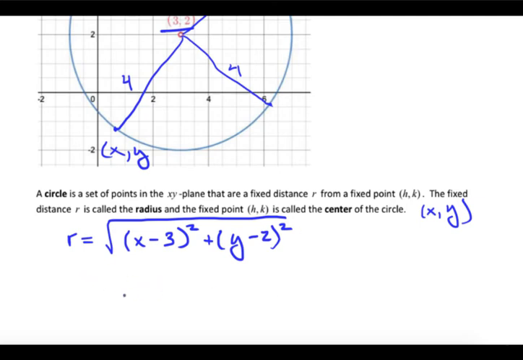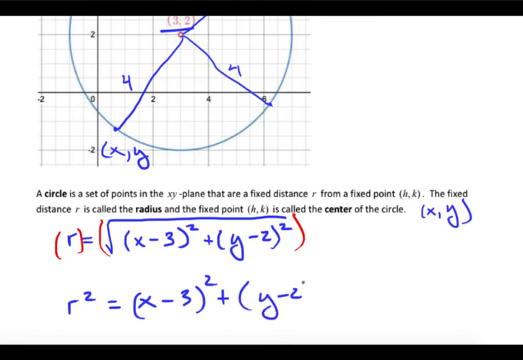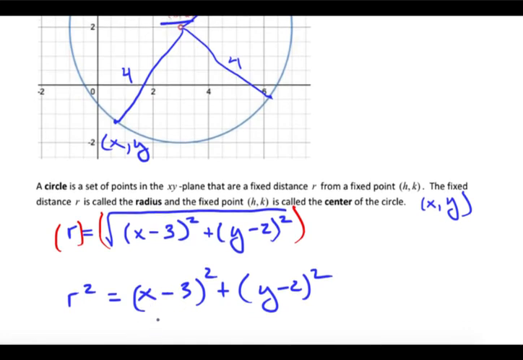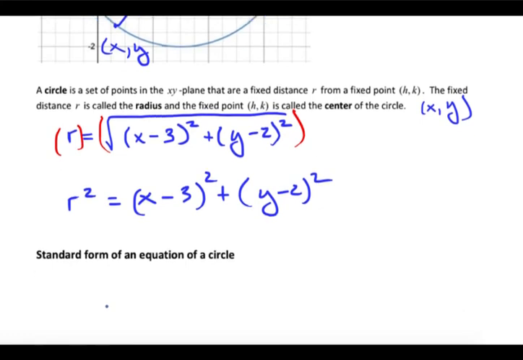And if we rearrange this a little bit, if we square both sides of this, what we end up with is what we call our standard equation of a circle. So we end up with this equation here, and this ends up being our standard equation of a circle.